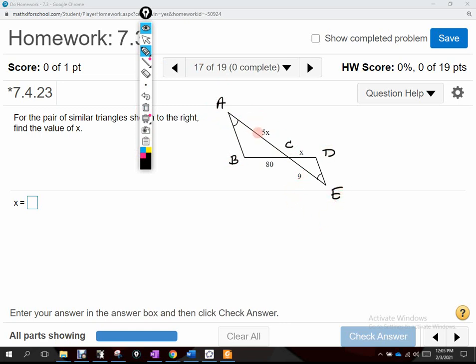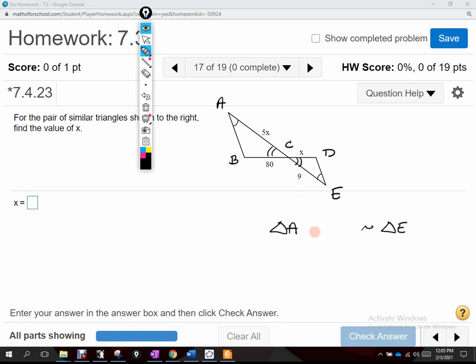Right now, I know angle A and angle E are congruent. So if I were to name these triangles, angle A and angle E need to match up when I make a similarity statement. Do you know this angle here and that angle there are also congruent? Because they're vertical, right?